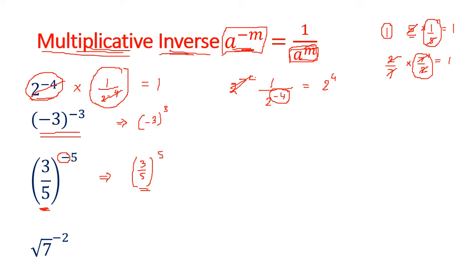If it is negative, it becomes positive. If it is positive, it should become negative. So the multiplicative inverse of root 7 raised to minus 2 is root 7 raised to 2. In a similar way, the multiplicative inverse of 3 raised to 5 should be 3 raised to minus 5. So in multiplicative inverse, the base remains the same, only the sign of the power changes.